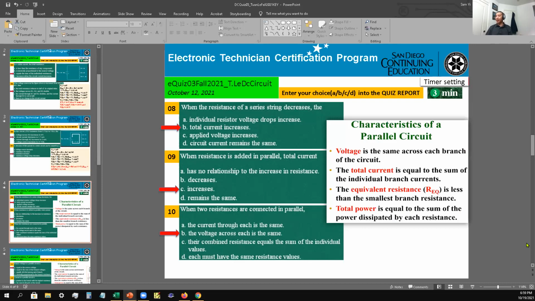Number 9 is C as in Charles. Number 10 is B as in Bob. Any question on 8, 9, or 10? No question. Next set.